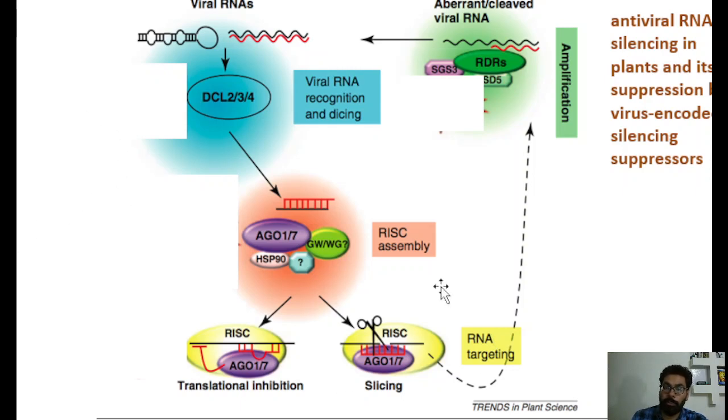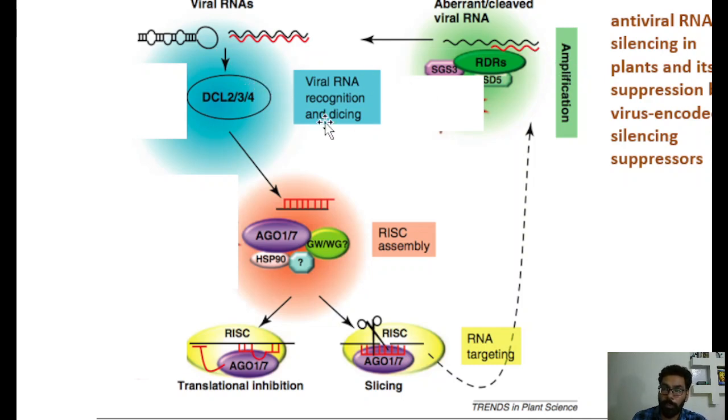Then, how is this happening? This is the antiviral RNA silencing that happens in plants. Viral RNAs will be recognized due to their hairpin formation or double-stranded formation.